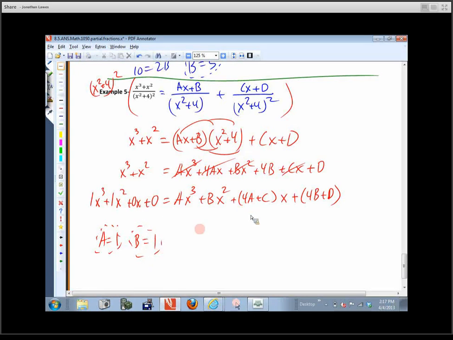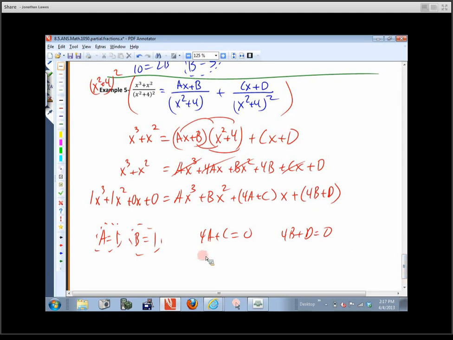0x has to equal 4a plus c, so that's got to be 0. And then 4b plus d has to equal 0. So if I plug in what a is, or if I just said c equals negative 4 times a, c is going to be negative 4.